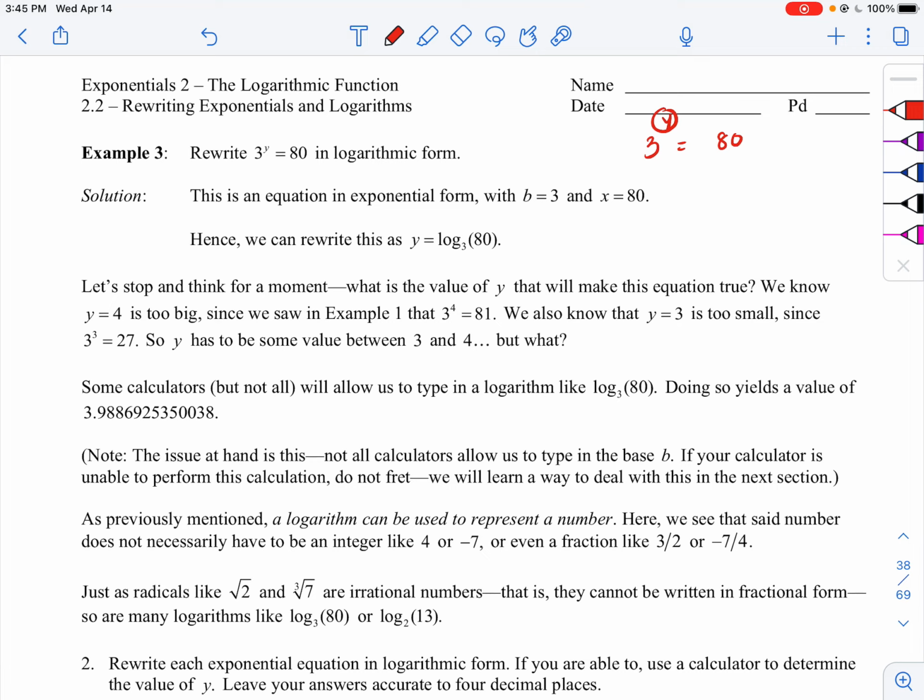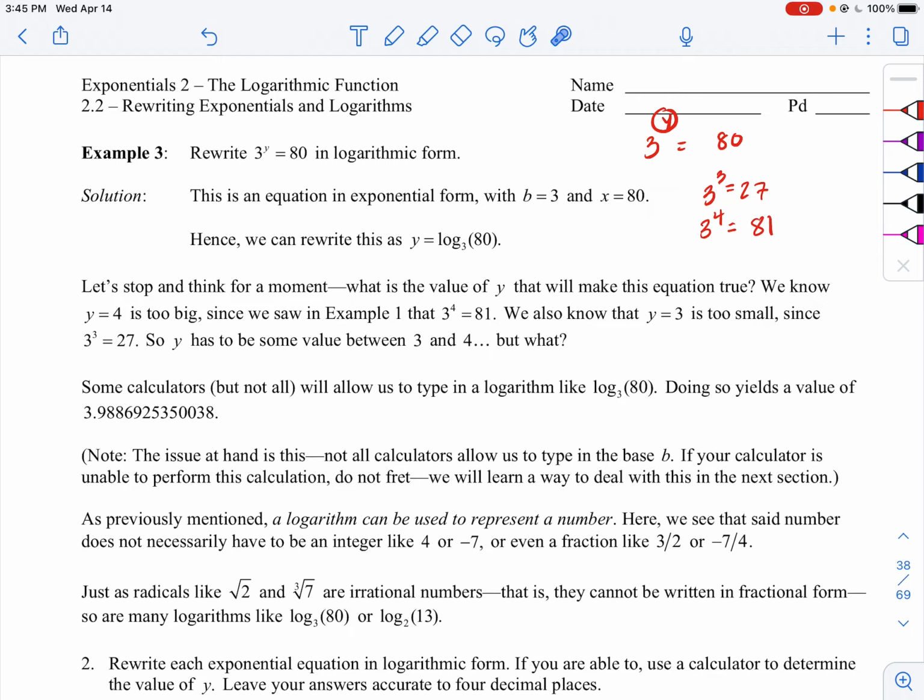So if I do 3 to the power of 3, this is a trial and error, okay? 3 to the power of 3 is only 27, right? Because we're trying to find the value of y. But we're looking for 80. So that is too small. If we do 3 to the power of 4, we will get 81. And that is a little high.